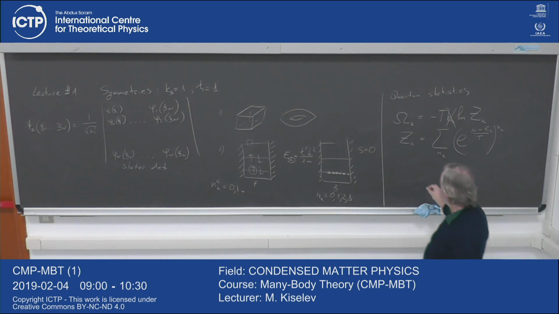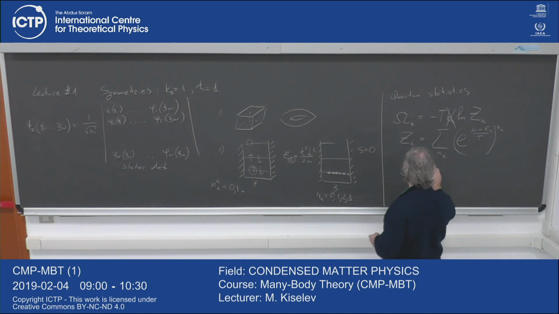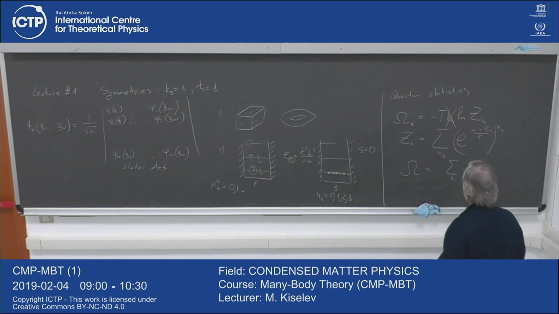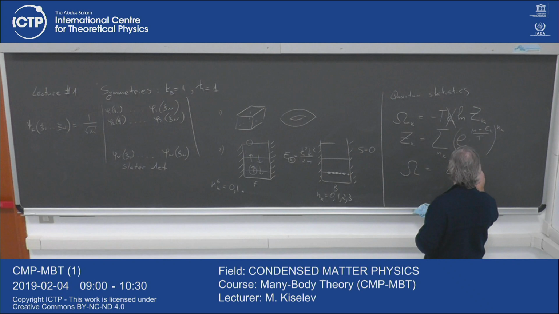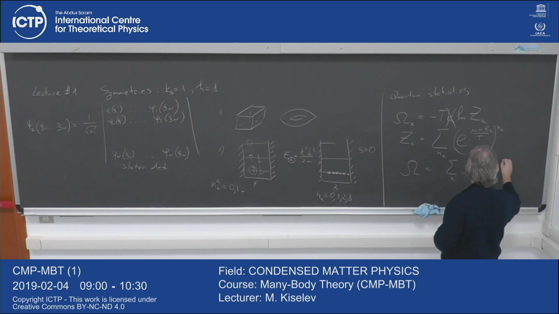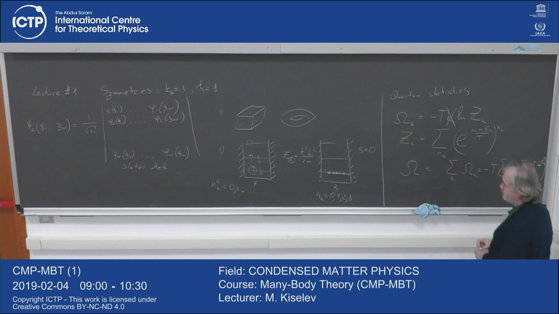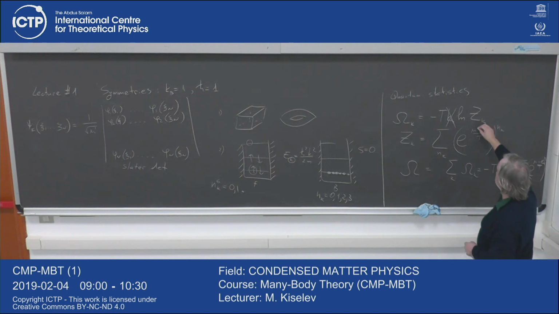And of course, the total thermodynamic potential is just the sum over k of Ω_k. So this is −T sum over k, logarithm of the sum over n_k of (e^{(μ−ε_k)/T})^{n_k}. I hope you are familiar with this notation. Mu is called the chemical potential.